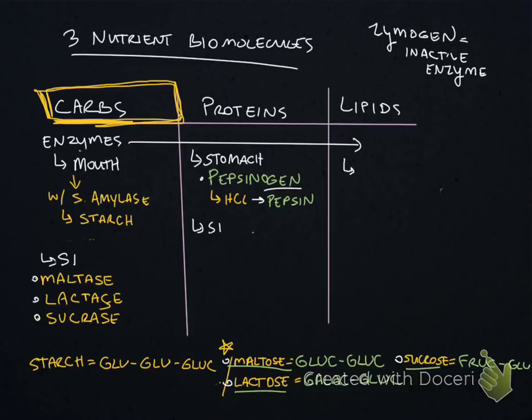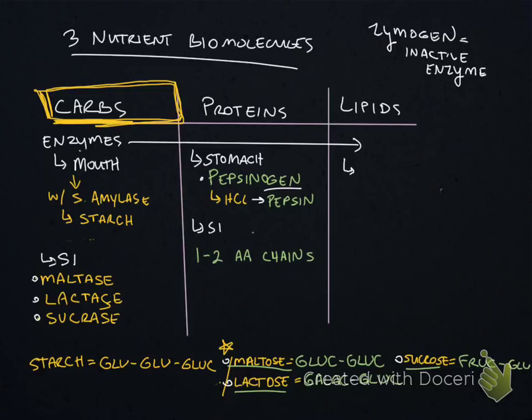We also see protein digestion in the small intestine. Pancreatic enzymes secreted in the small intestine, and brush border enzymes will help digest proteins into smaller proteins that are 1 to 2 amino acid chains long. So remember, proteins are polymers of amino acids.